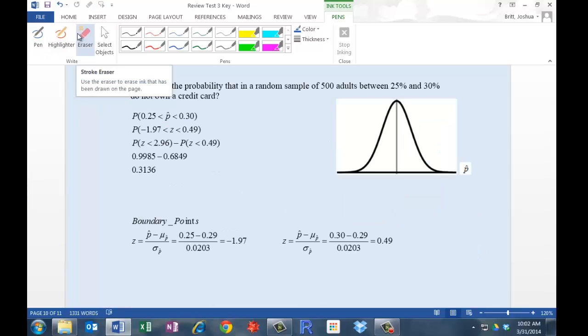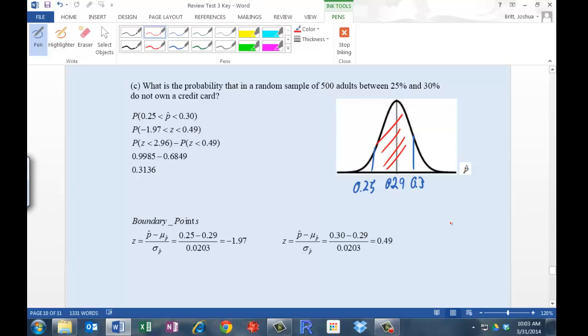Take a look at the next question here. What's the probability that in a random sample of 500, between 25% and 30% do not own a credit card? So again, 0.29 is the mean, 0.25, and 0.3. So this is what we want.